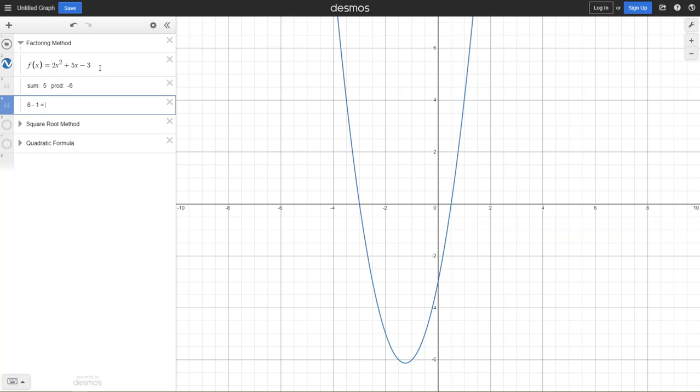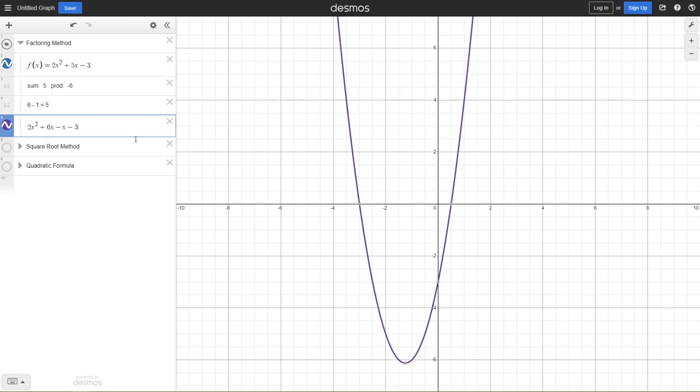That way it adds up to a +5 and also multiplies to a -6. So when I factor this, I'm going to separate that middle term from 5x to 6x minus x.